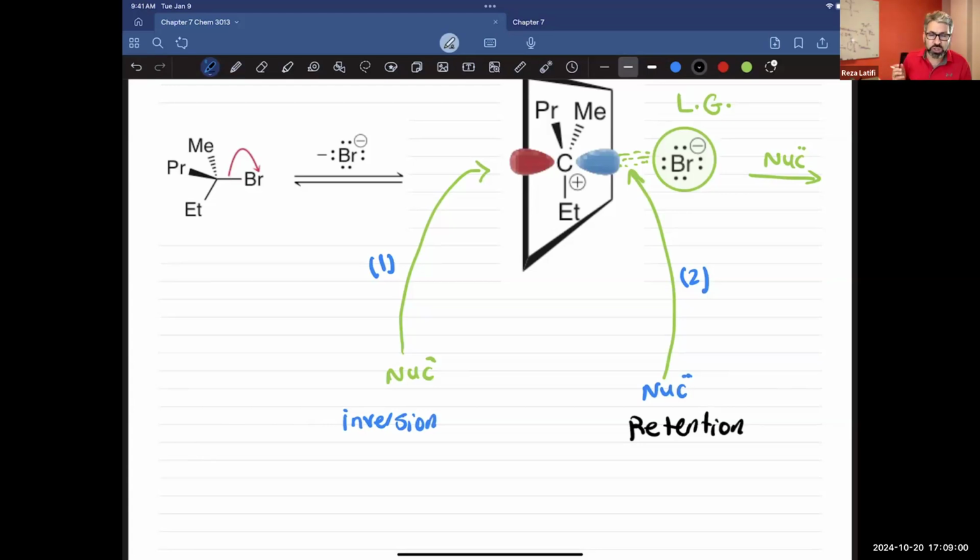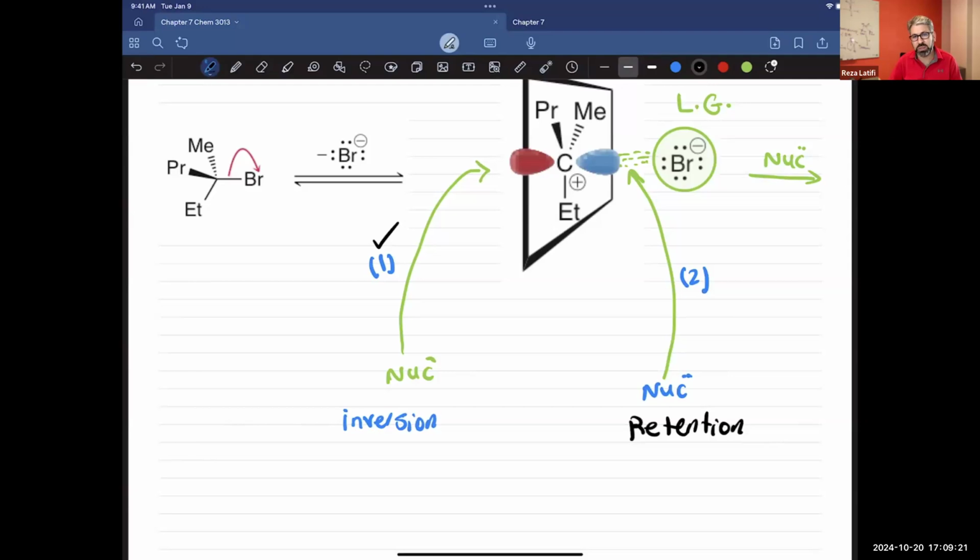Now, number 2 is less accessible. Why? Because the bromide is still going to be there. So the nucleophile is going to have a harder time reaching the positive charge from the right side, number 2. That means number 1 will be more favored.